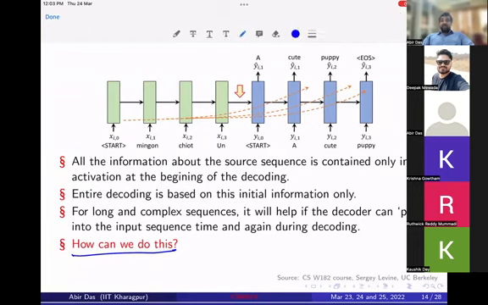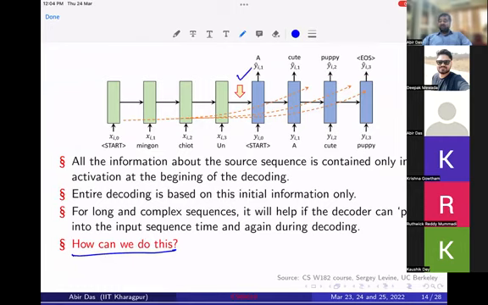In the encoder decoder architecture that we discussed yesterday, basically all the information about the source sequence, say the source language sentence for a language translation model, has to be contained or summarized in the last hidden state.